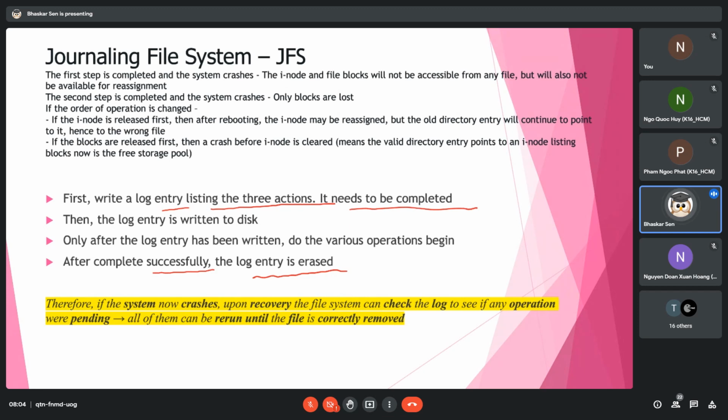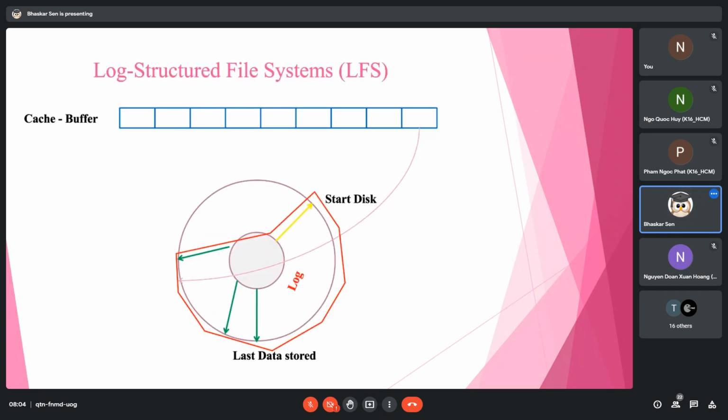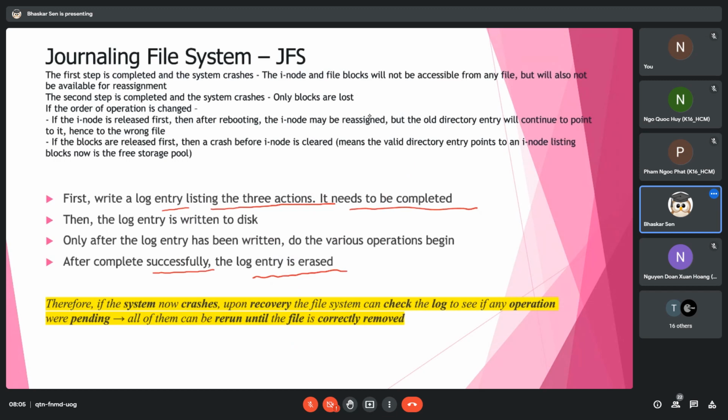The problem here, as we said, with the journaling file system, the JFS, and one of the problems with LFS, is to try to understand that everything was buffered in memory. Remember, we said everything is taken into memory before we write it.